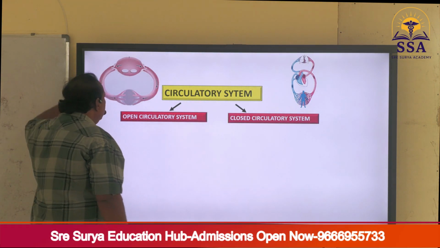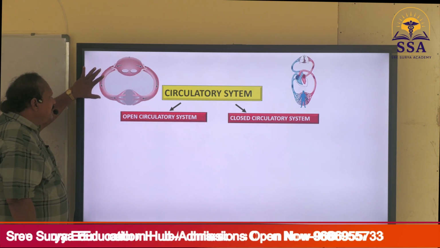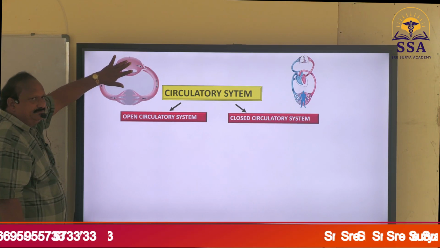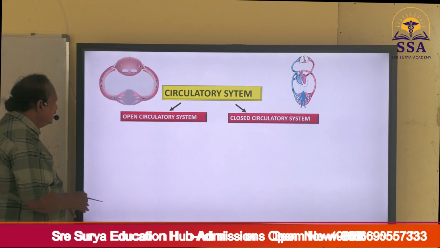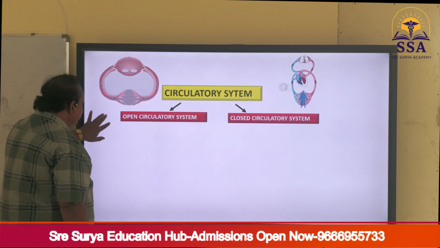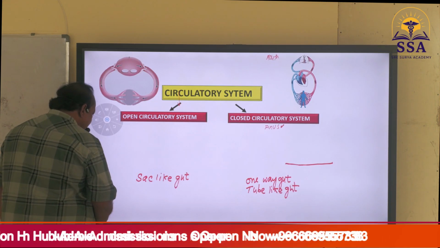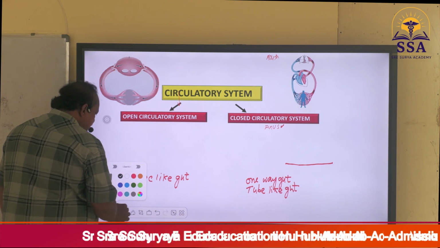Now, let me explain the diagram related to the open circulatory system. This one is the heart and this is the sinus.